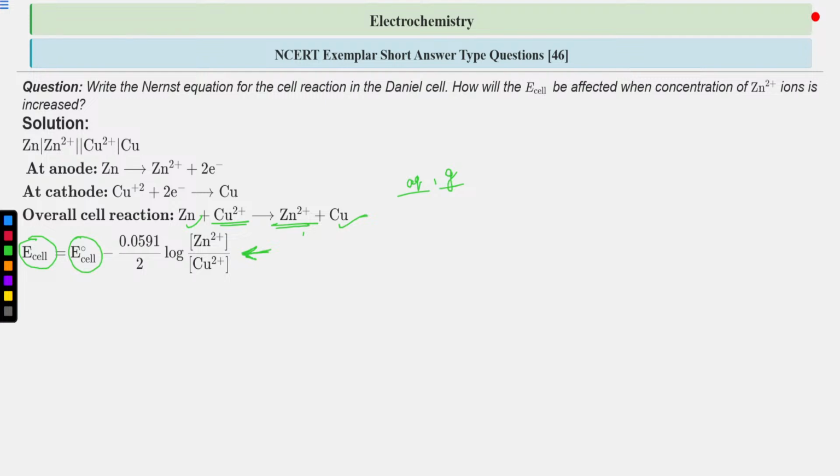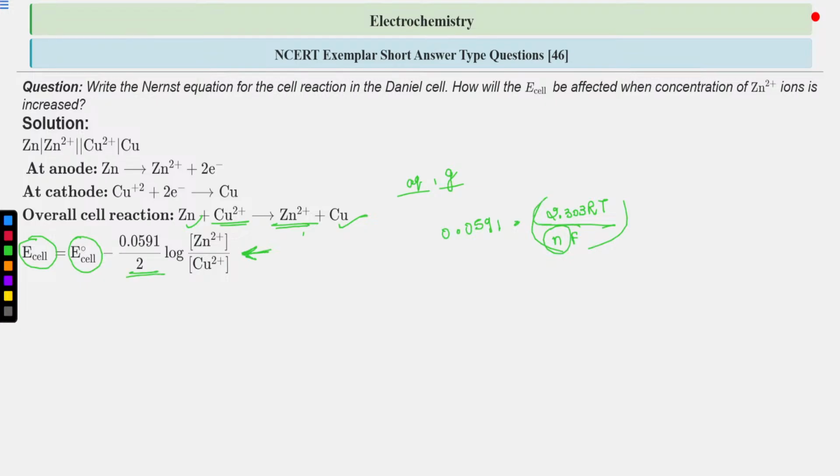If you remember 0.059, I explained that it is the value of 2.303 RT by F. In the Nernst equation, n also comes in this term, so we are taking n equals to 2 already here.